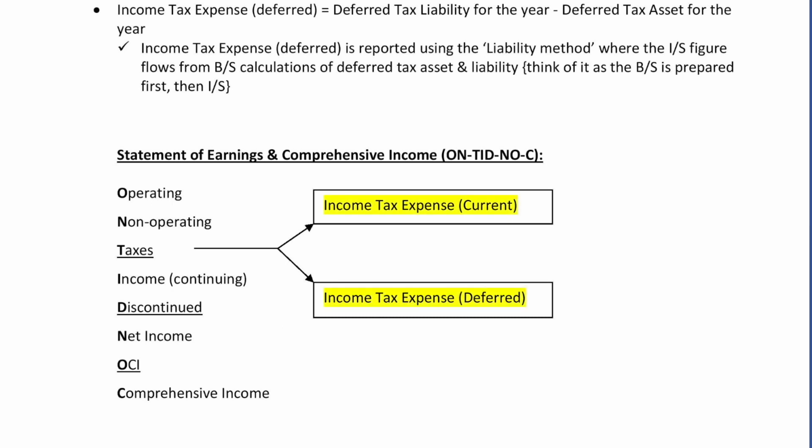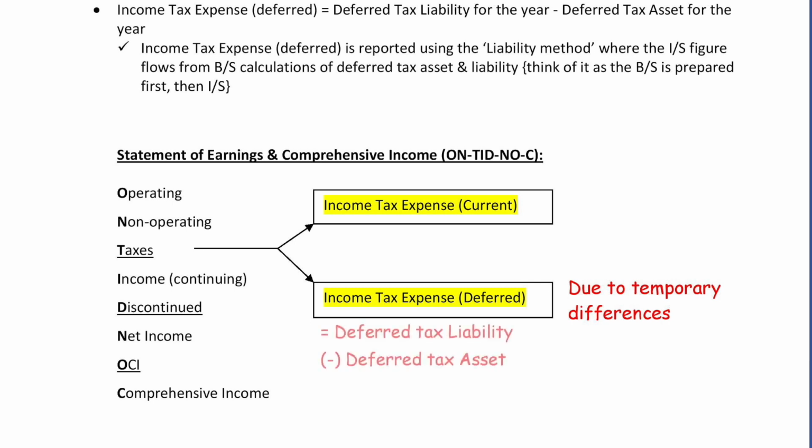Now deferred income tax expense is due to temporary differences, and we'll talk about that in a moment, but for now make a note here. Income tax expense deferred is equal to deferred tax liability minus deferred tax asset. So the way you calculate the income tax expense deferred is deferred tax liability minus any deferred tax assets.